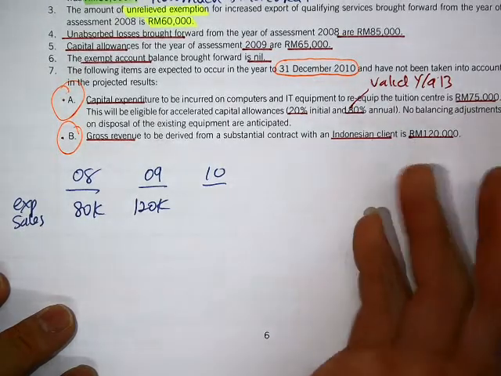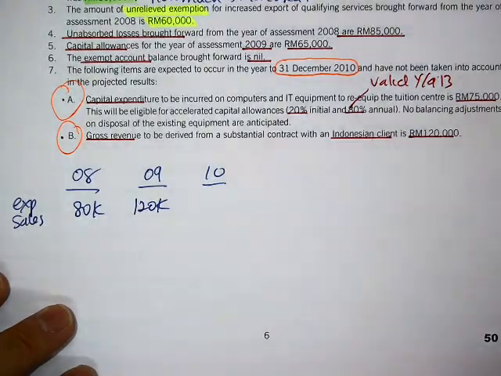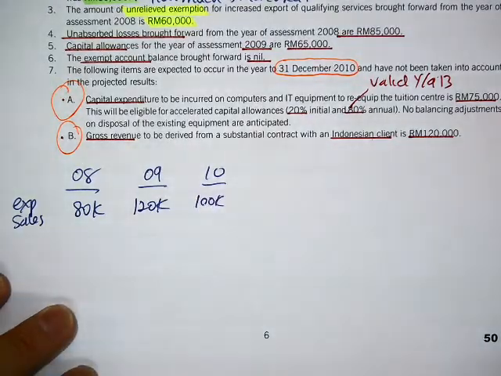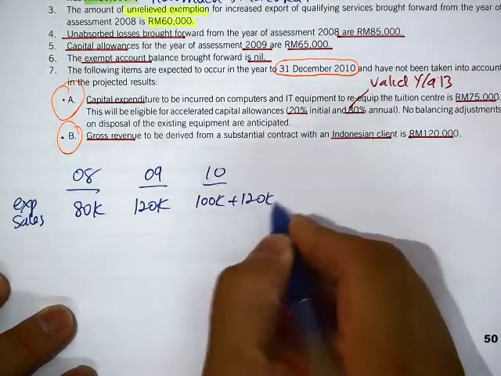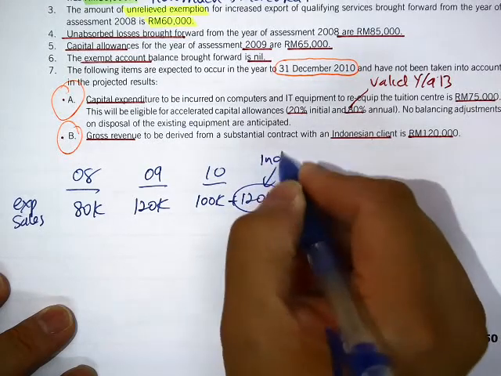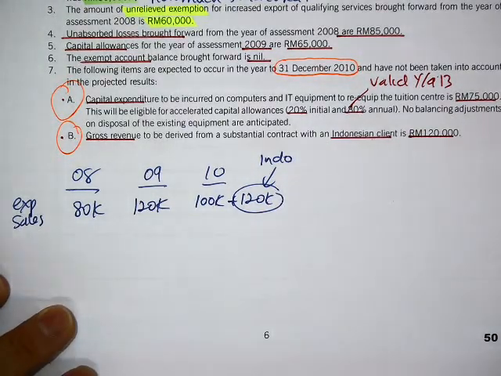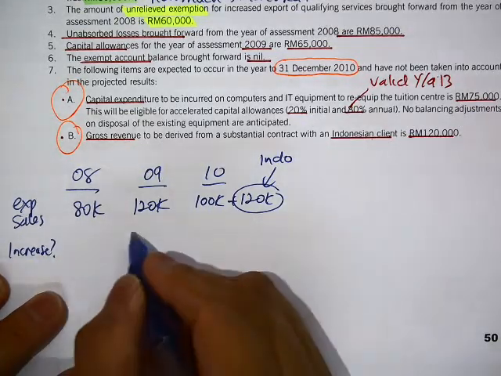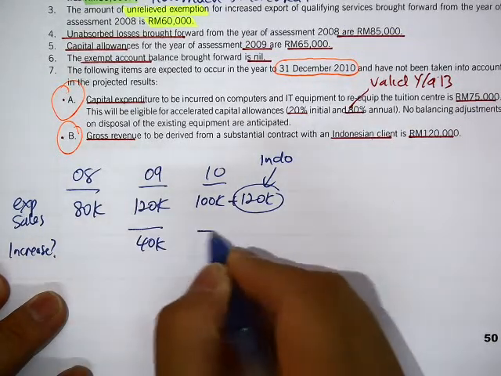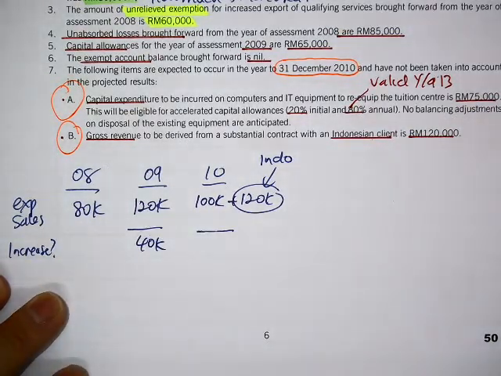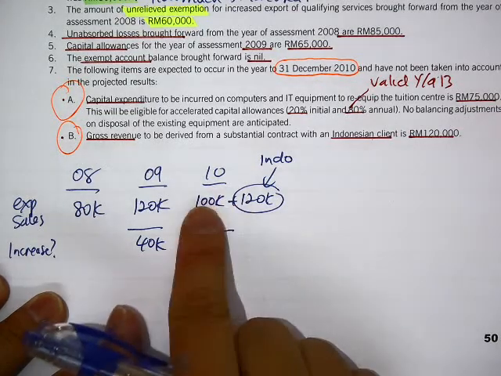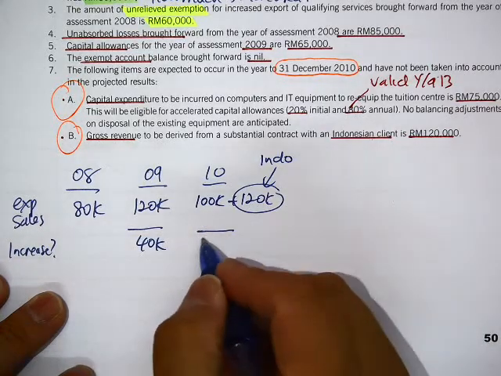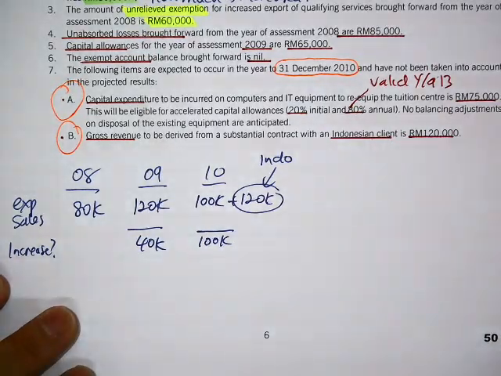What if it goes down? Now, I don't know. Let's say, what if my sales for 2010 is 100 plus the 120 because of the Indonesia? So my increase is 220 minus 120, increase is 100.